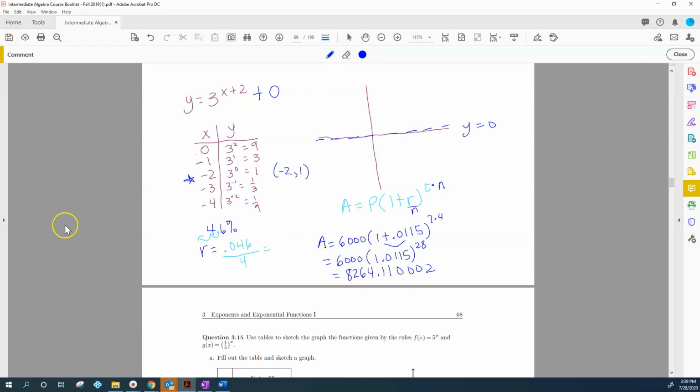Anybody try that one? Okay, so let me give you just a minute to try it and see if it's making sense to you, or where I can clarify things for you on these.